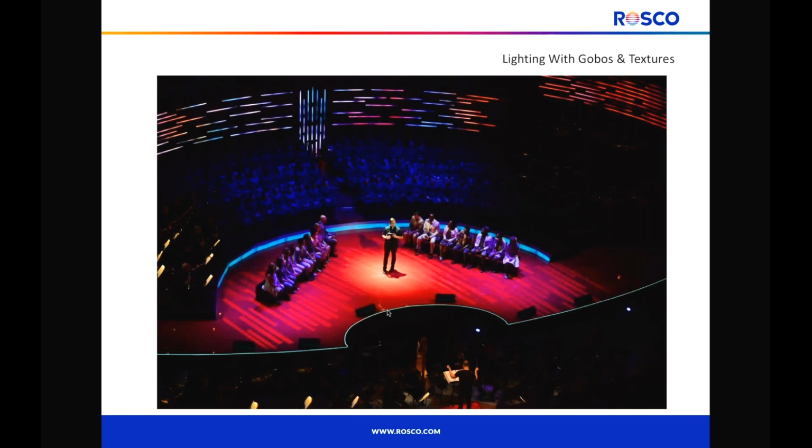Moving forward, this is more of a music, opera, classical music performance piece. This is Leonard Bernstein's Mass, and this is a very rarely produced piece of music and theater.